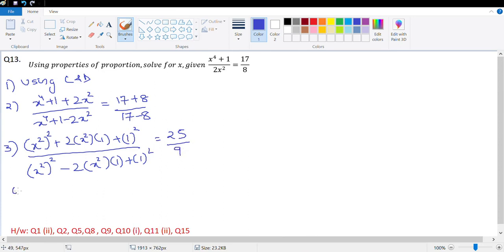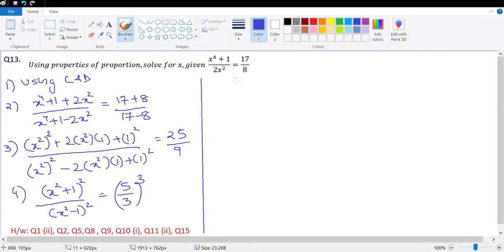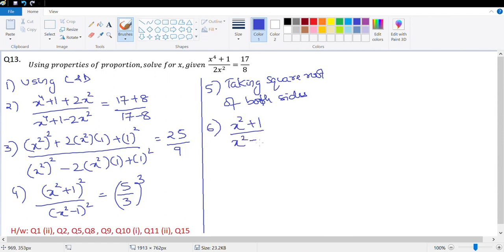So the numerator now is (x square plus 1) the whole square, and the denominator is (x square minus 1) the whole square, and this is (5 upon 3) the whole square. Next, taking square root of both sides, what we get is x square plus 1 upon x square minus 1 is equal to 5 upon 3.